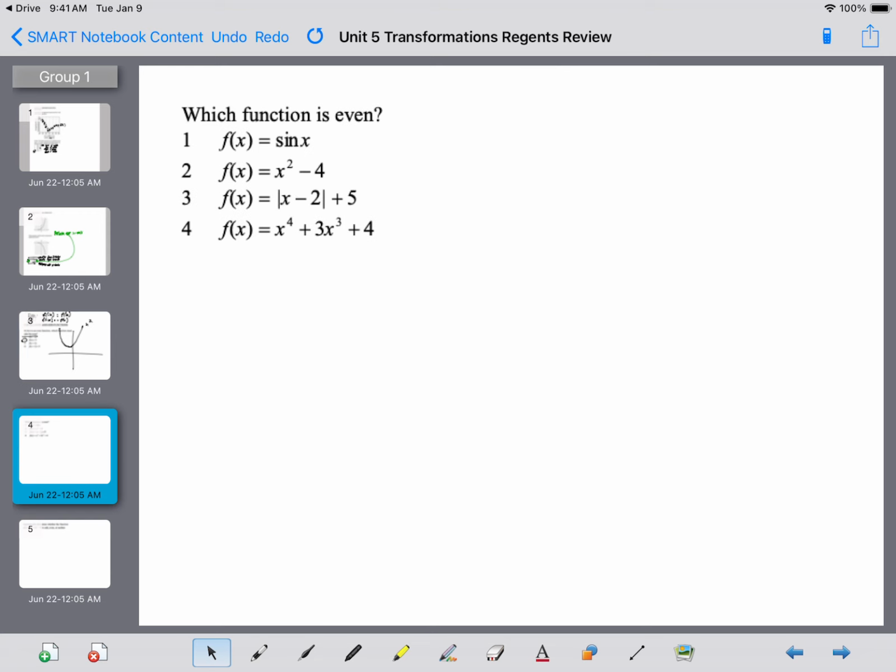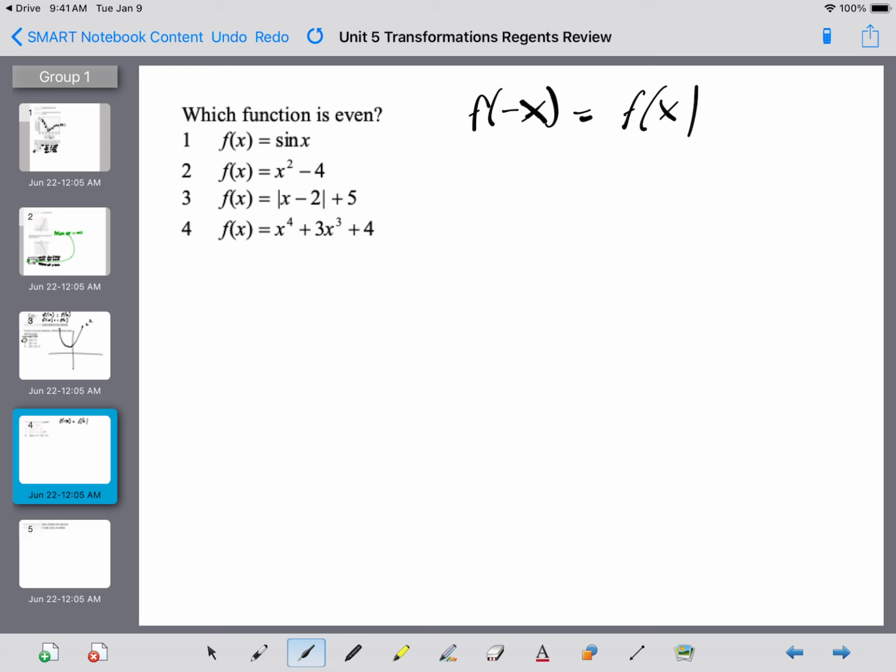Okay. Which function is even? So let's go through it. We said if it's even, you plug in a negative, it will be the same output as if it wasn't negative. So for sine, I'll use an angle that I know, right?